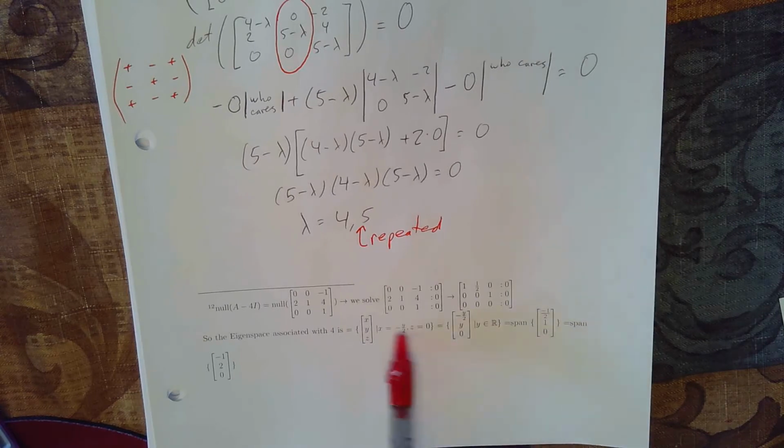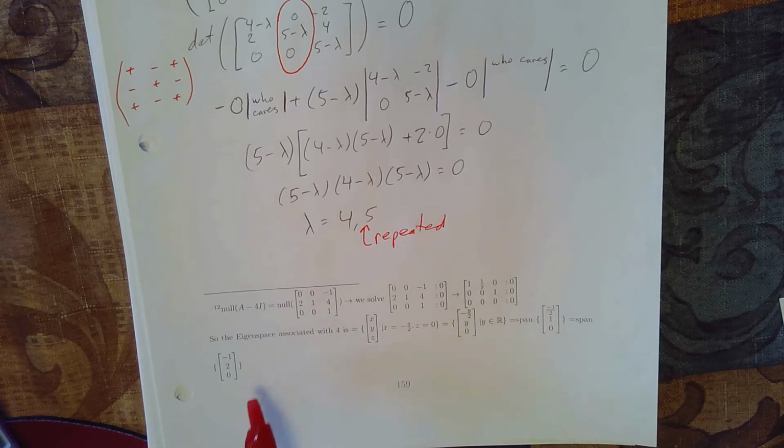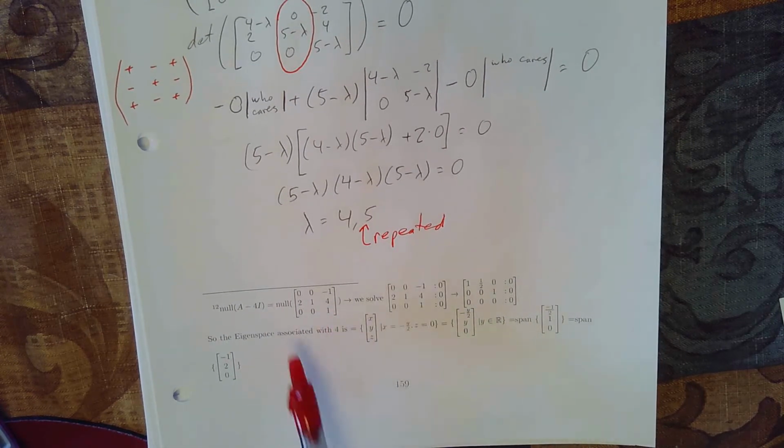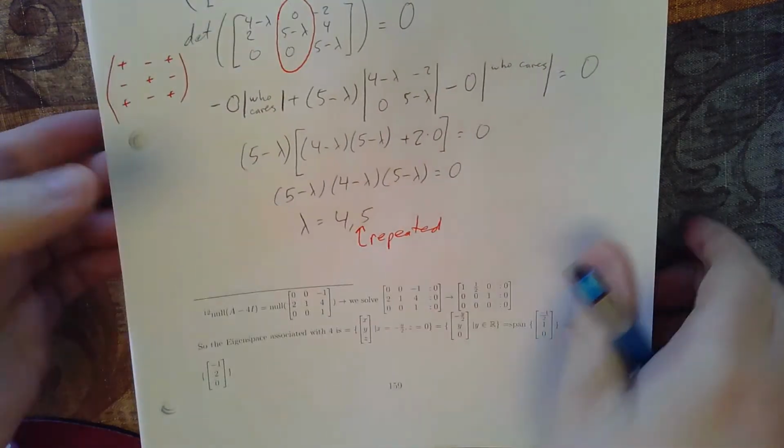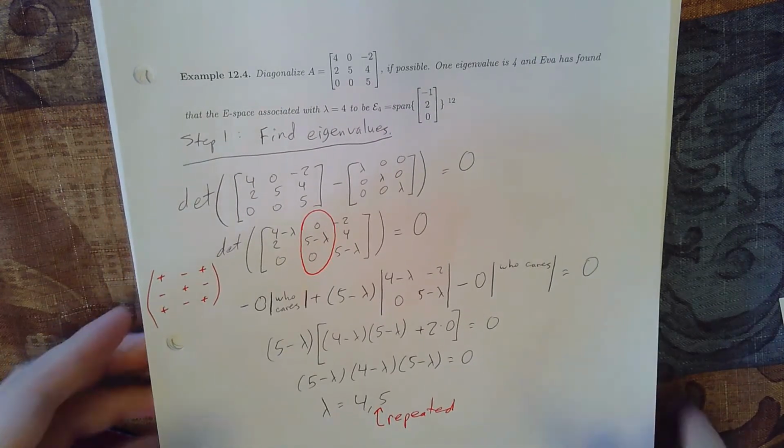That's what helped us bake our constraints in and get this. If you want to review that, we've got a little footnote down there. Our next step then is to find the eigenvectors associated with lambda equals 5.